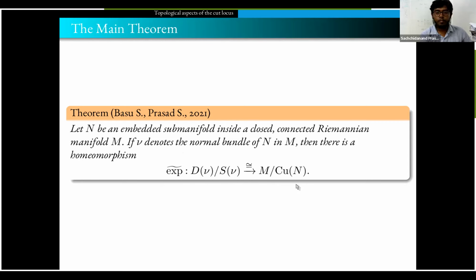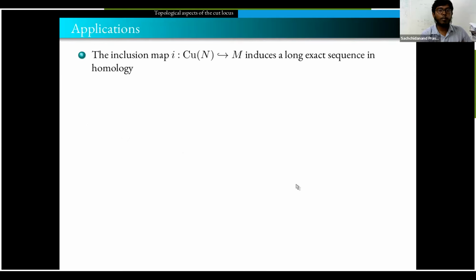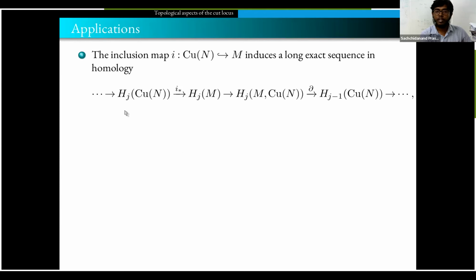And this leads us to some homological results, as we have an inclusion map from the cut locus to M, which induces a long exact sequence in the cut locus, M, and the pair M, cut locus.